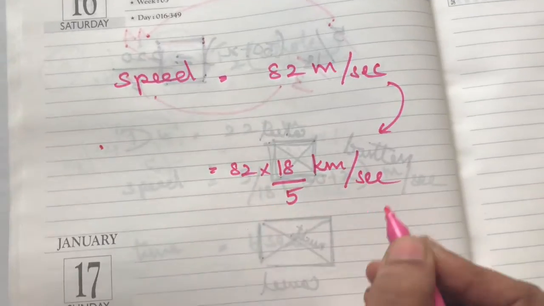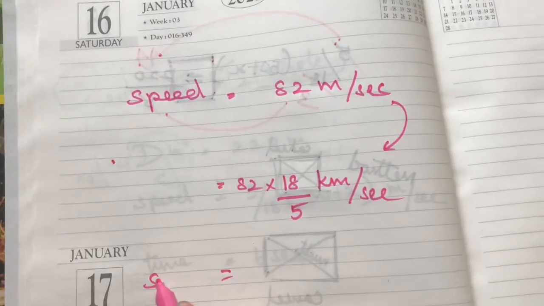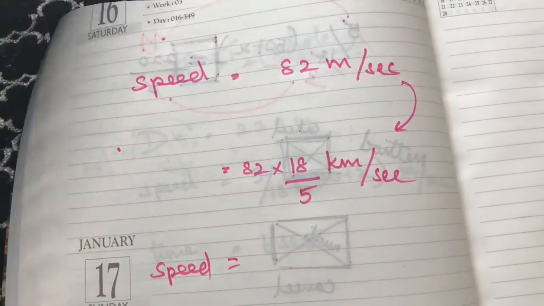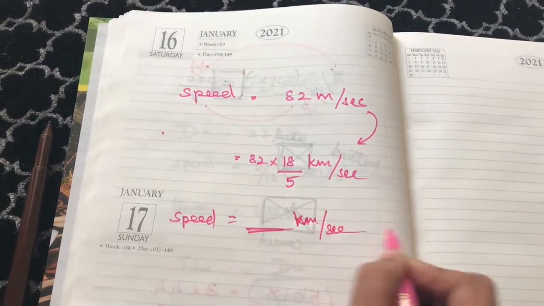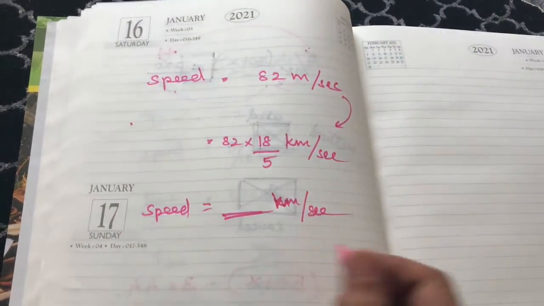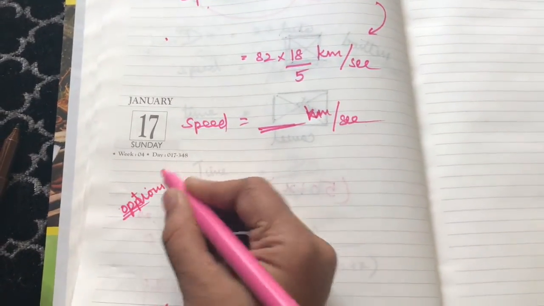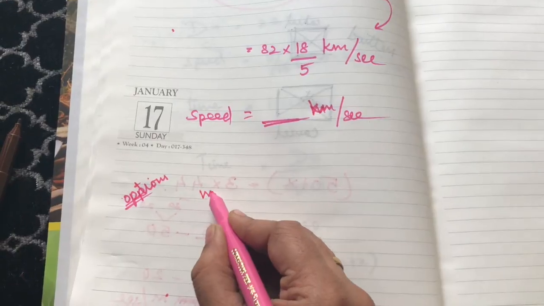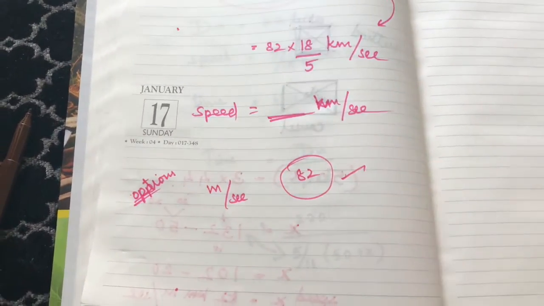By solving this, you can easily get the speed in kilometer per hour. If the options are given in meter per second, we can easily write 82 is the answer.